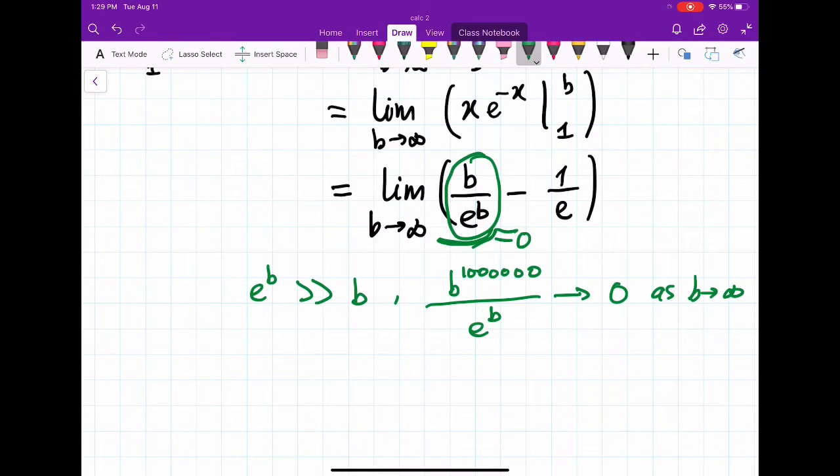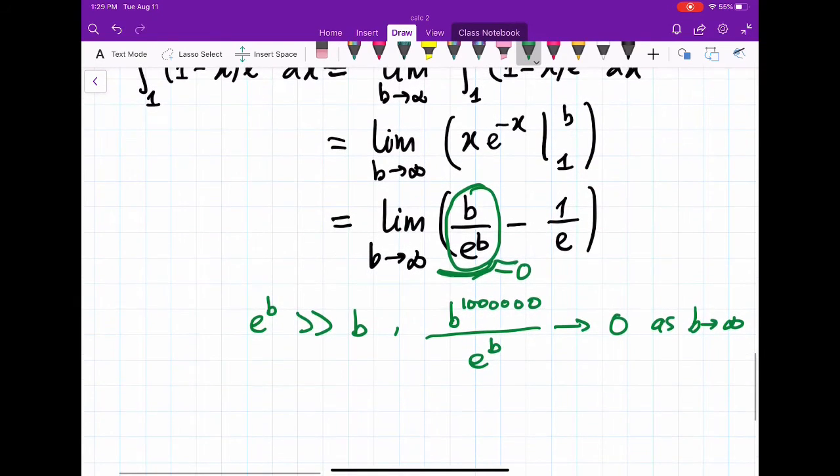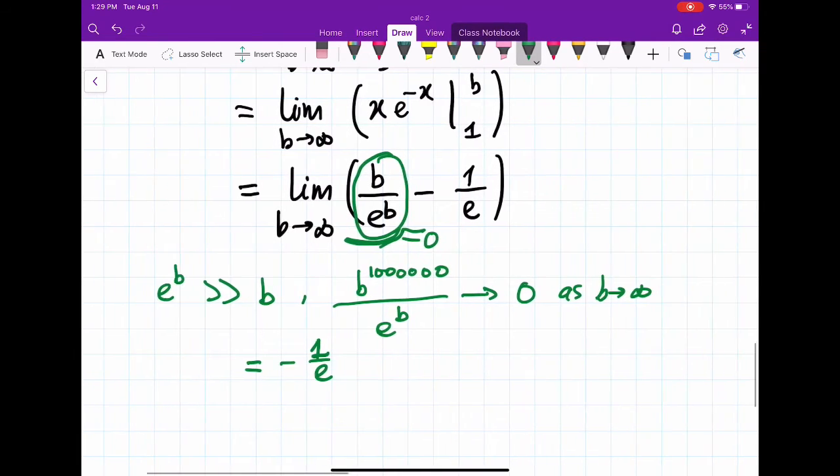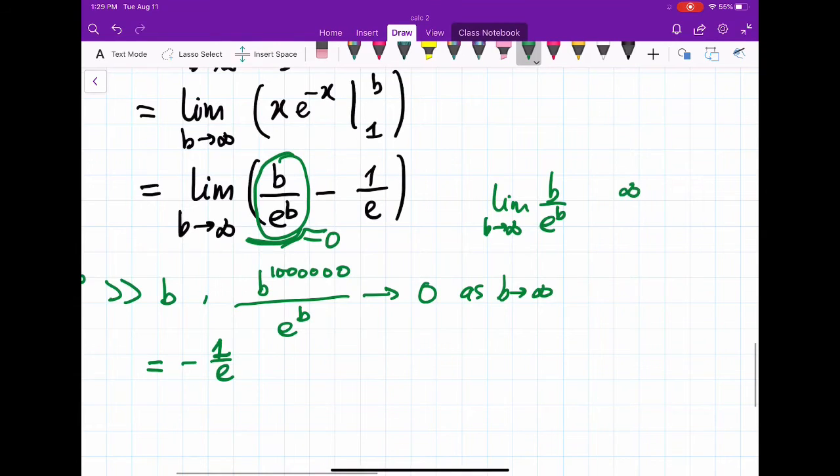Does that make sense? So that means the limit is just negative 1 over e. Of course, you may use L'Hopital's rule to consider the limit of b over e to the b, because this is of the form infinity over infinity. So you might differentiate the top and the bottom, and you get 0 right away.